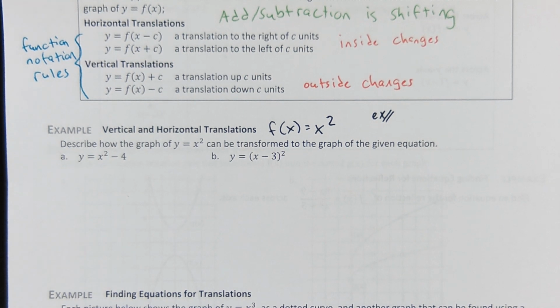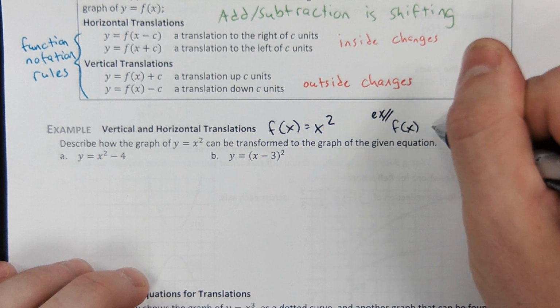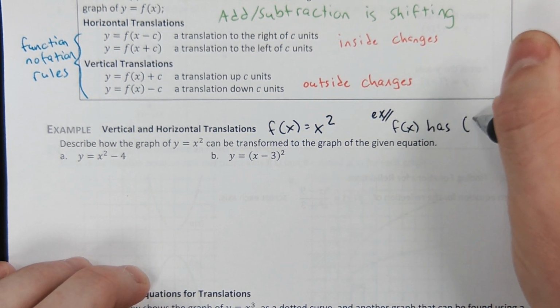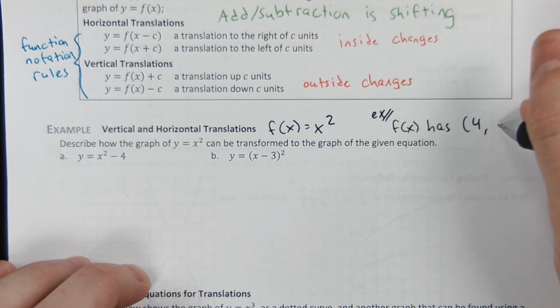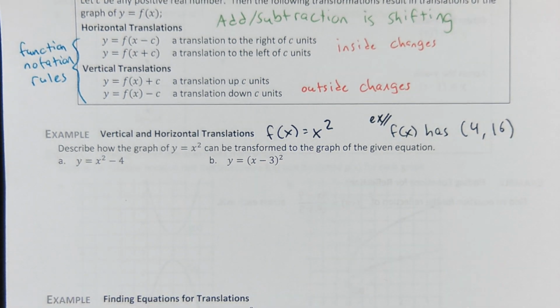So we're going to pick a random x value of 4. And if we square that x value, we get 16. So what we know is that one of an infinite number of points on that graph is (4, 16). Could have been any number. But we say 4, not ones and zeros, because they do dangerous things with squaring.